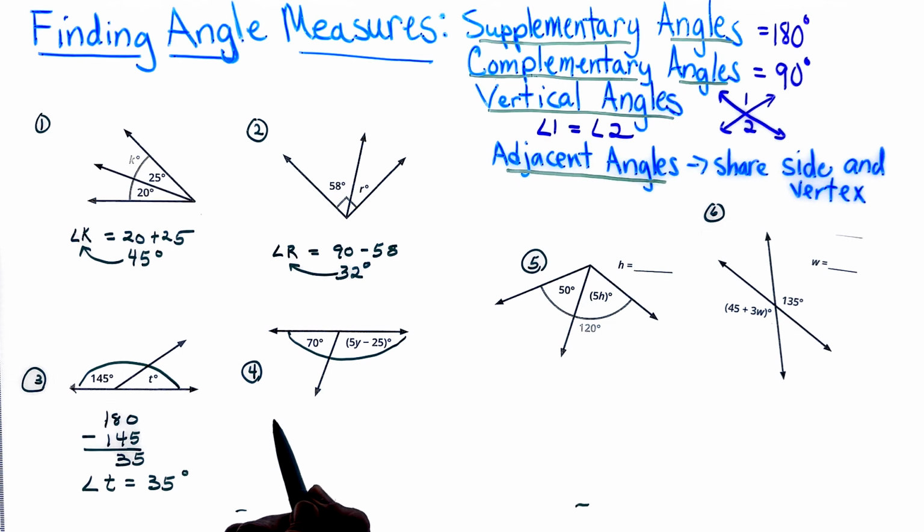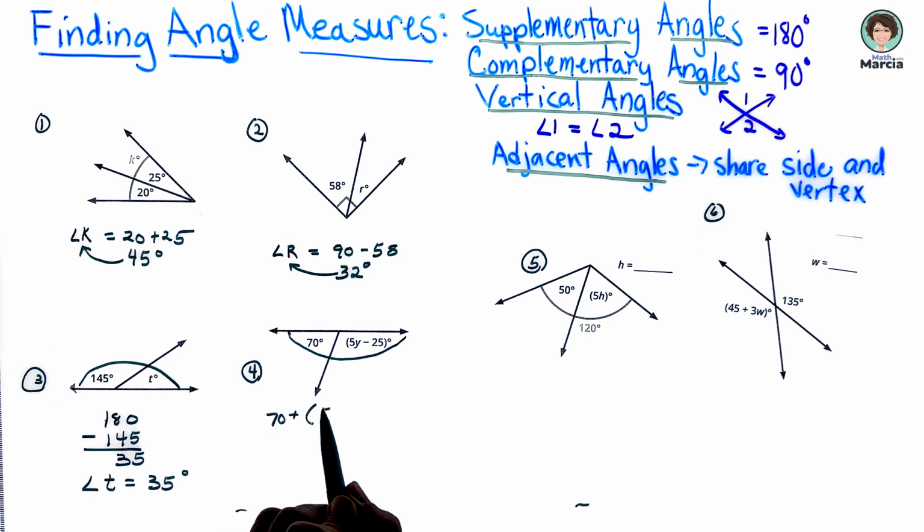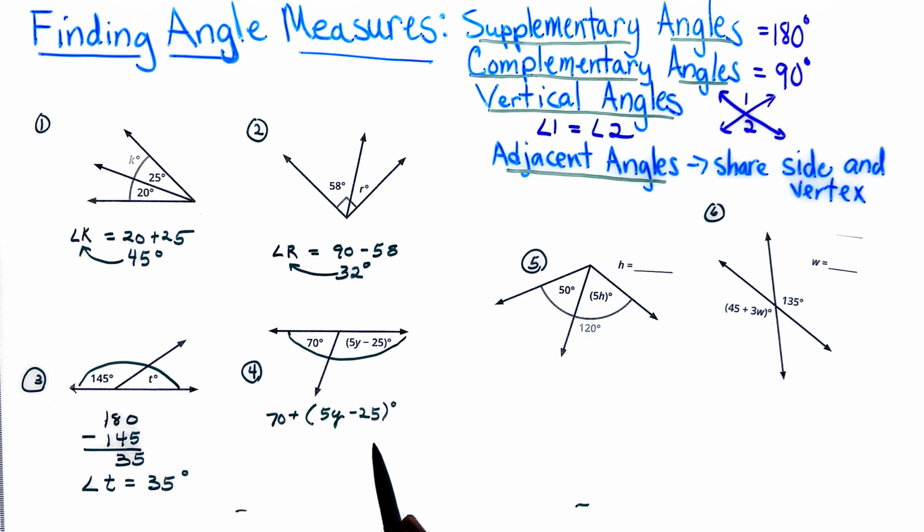We are going to say 70 plus, and here I'm putting the second angle in parentheses, so you can see it is going to be equal to 180 degrees. Now I am going to put these two amounts together. So 70 minus 25 is 45, and we have plus 5y is equal to 180.